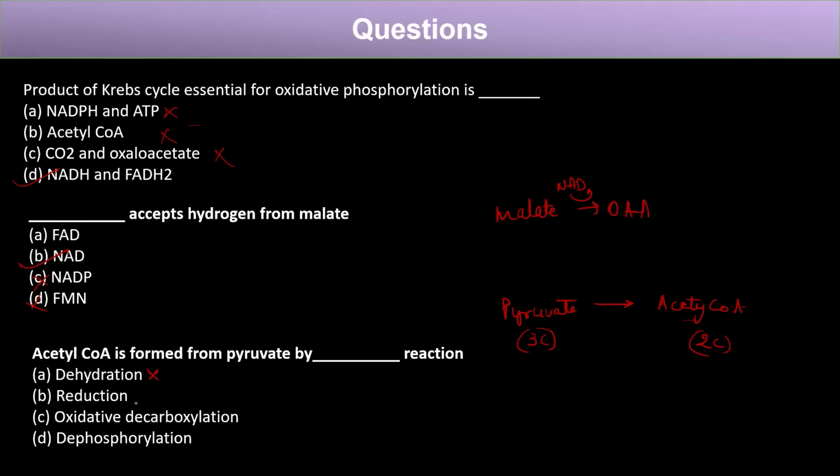No, there is no release of water. Reduction? Reduction was of NAD to NADH, not reduction of pyruvate, so this is also incorrect. The third option is oxidative decarboxylation. Yes, it takes place. The pyruvate undergoes oxidation and decarboxylation. What about the fourth option, dephosphorylation? No, because no phosphate group is involved. So the correct answer is oxidative decarboxylation.